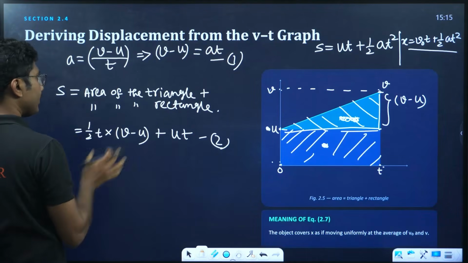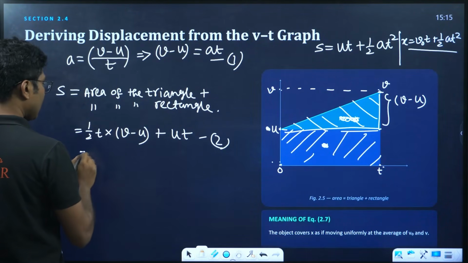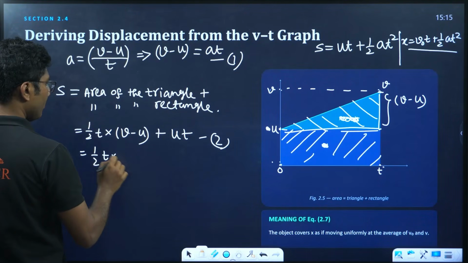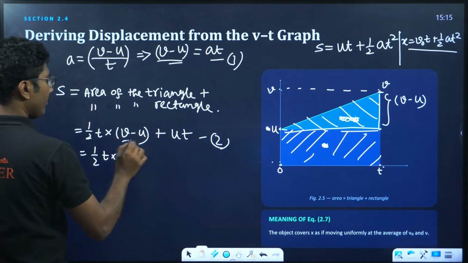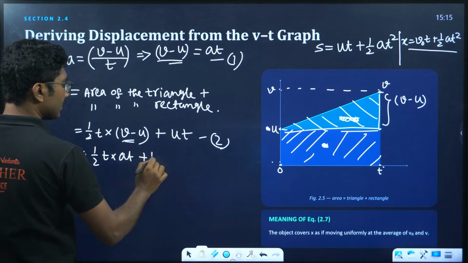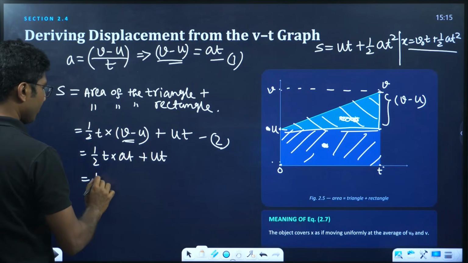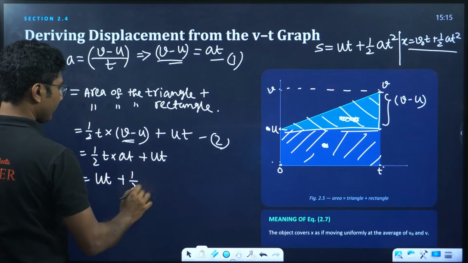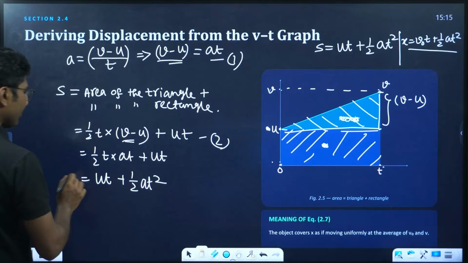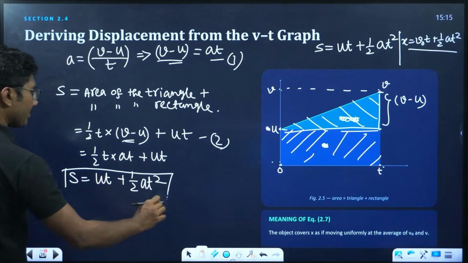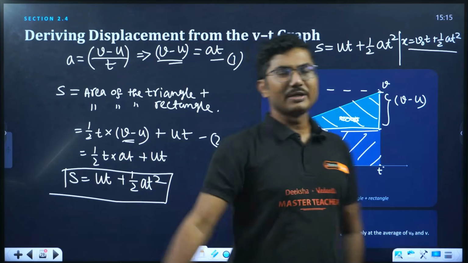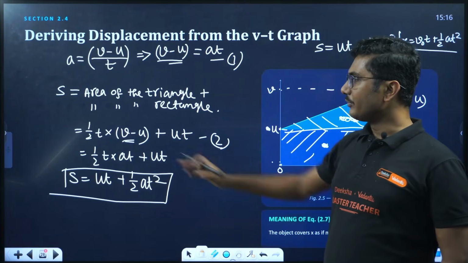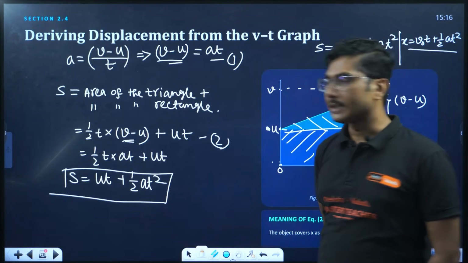Substituting equation 1 into 2, we get s equal to half t into at plus ut, or ut plus half at square. As simple as that, no complicated mathematics, very simple. Calculate the area, substitute, one very basic simplification, and you will get s is equal to ut plus half at square.